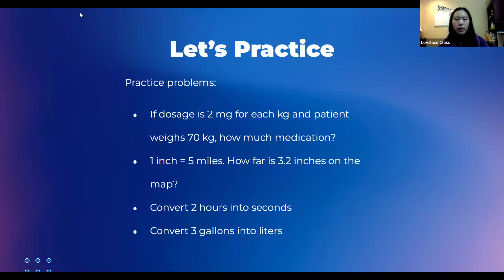Also, if it helps for the last problem, and if you don't want to search up the conversion, I can just say that one.